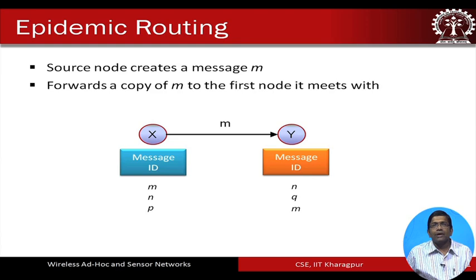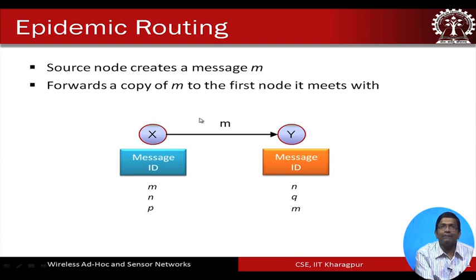That is why over here we have m buffered along with the messages n and q in node y. It is a copy of the message, and that is the reason why we have not deleted m at the source.